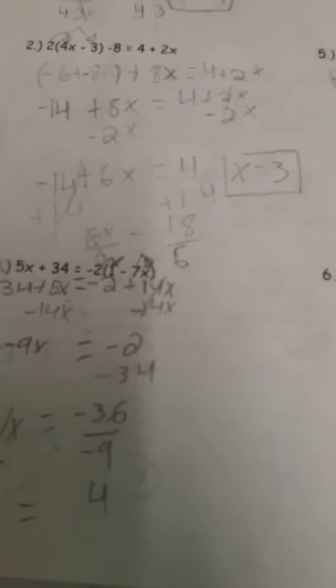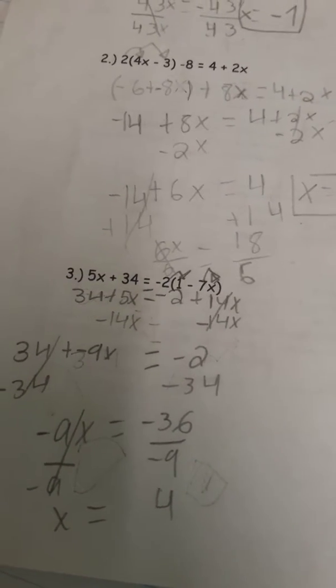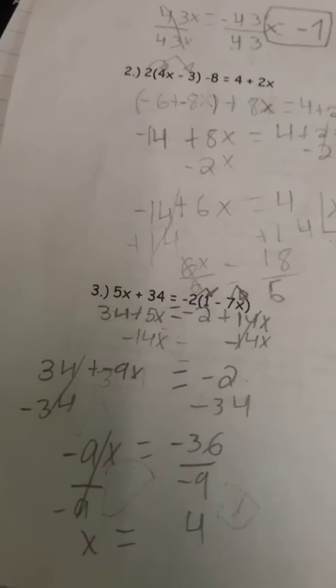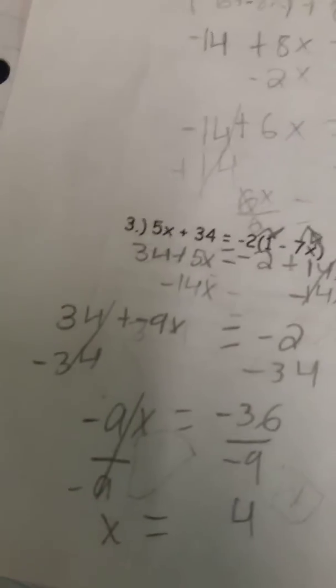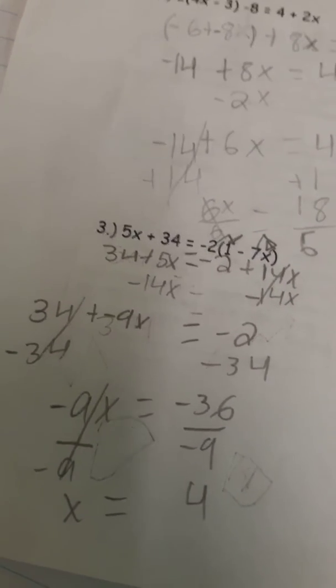Then I subtracted them by both sides, cross that 14 out, and then do 5x minus 14x, and we get 34 plus negative 9x equals negative 2.